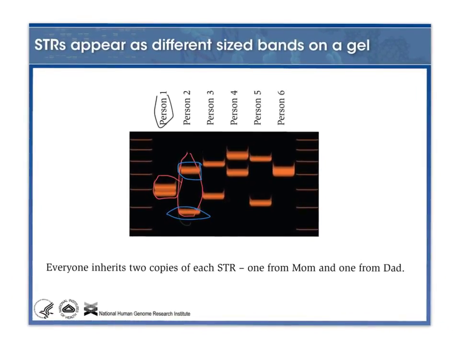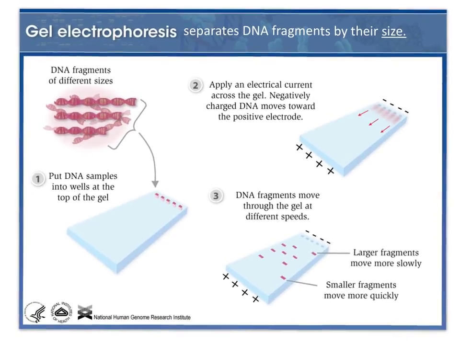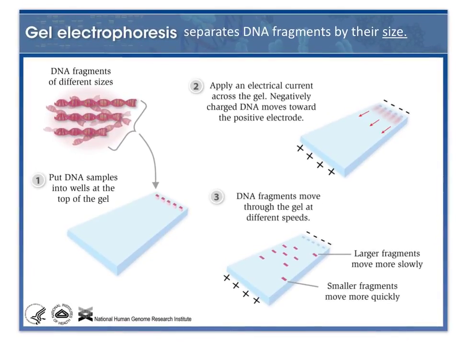So remember, everyone inherits 2 copies of each short tandem repeat, 1 from mom and 1 from dad. So here's our gel electrophoresis. We have DNA fragments of different sizes.